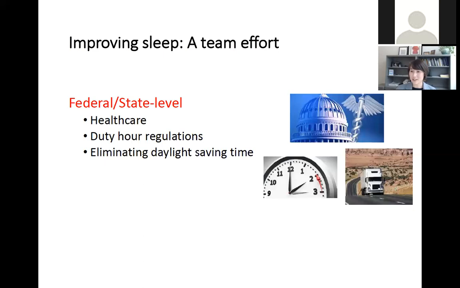Another interesting thing that sleep researchers are starting to advocate for is the elimination of daylight savings time. There's some really interesting work that suggests, based on national NIOSH data sets, that the day after daylight savings time, when we lose an hour, in the mining industry we see a significant increase in injuries and accidents, after just losing 1 hour of sleep.